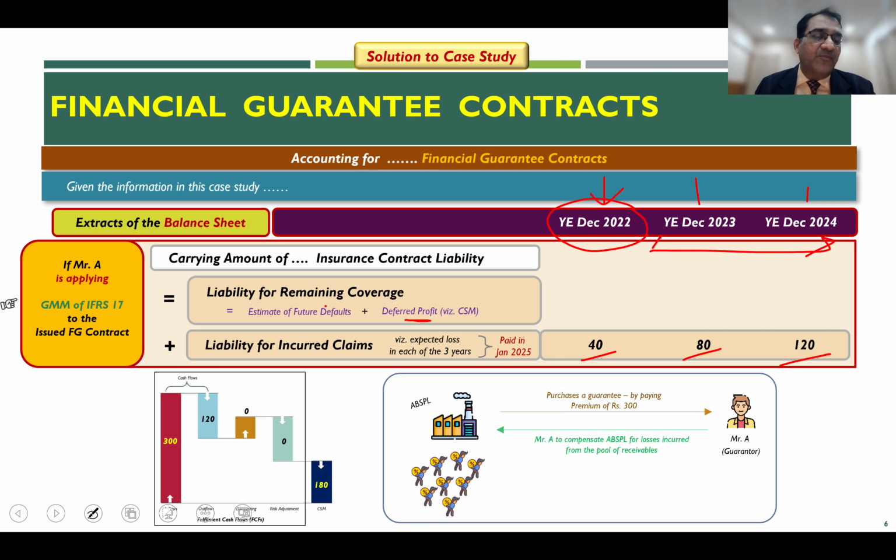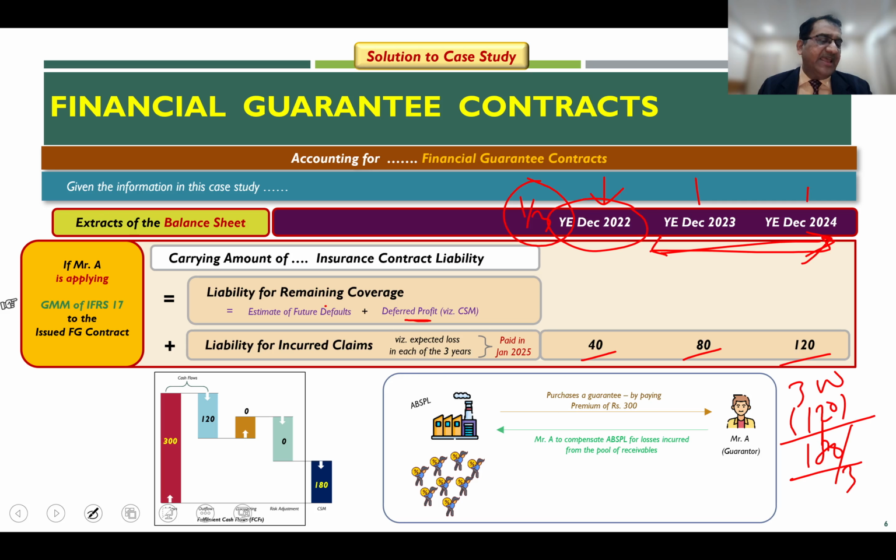So you are left with balance coverage for 2 years. So 1/3 of the profit you should recognize, and 2/3 you have to still defer. In a contract like this, your 300 rupees fee and the expected 120 rupees is the amount which you need to pay. So your expected profit of the contract is 180 rupees overall for the 3-year period.